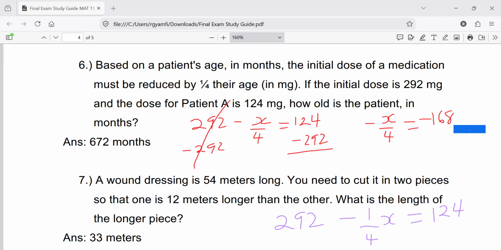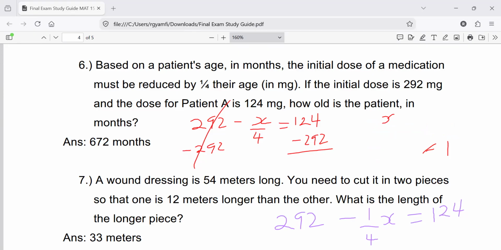I'm not surprised I'm getting a negative because on the other side, I have a negative as well. You could see that the negatives will cancel out. If you divide this by -1, divide this by -1, the negatives will cancel out. Or if you want, you could hold on to the negatives for now.